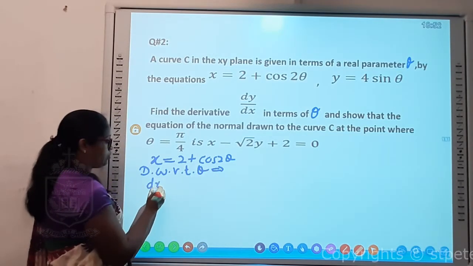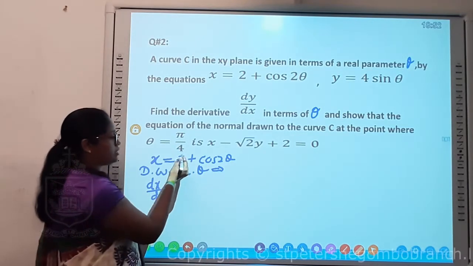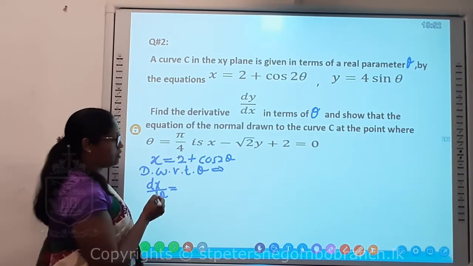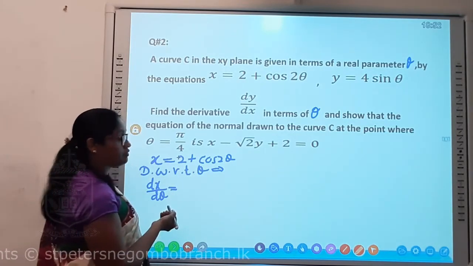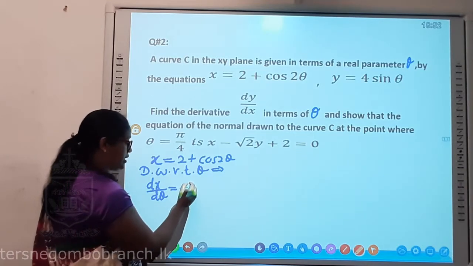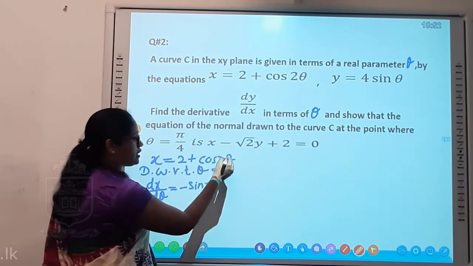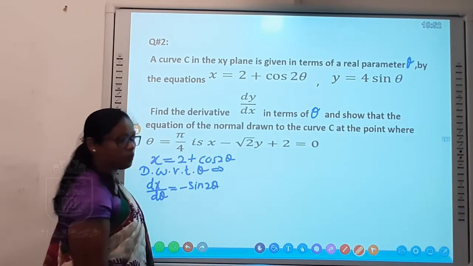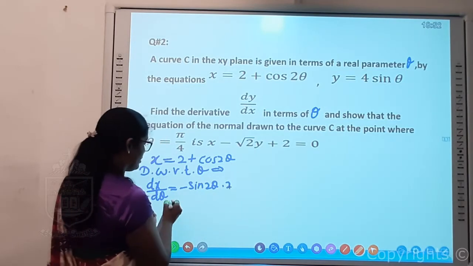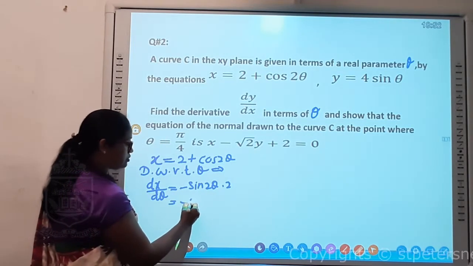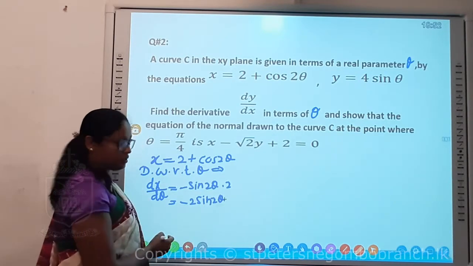So dx over d theta is equal to, once we differentiate, the constant will vanish, and then we have to differentiate cos 2 theta. First we differentiate cos, it is minus sin 2 theta. Again we have to differentiate the function inside cos, that is 2 theta, so the answer is 2. So this is equal to minus 2 sin 2 theta. So this is dx over d theta.